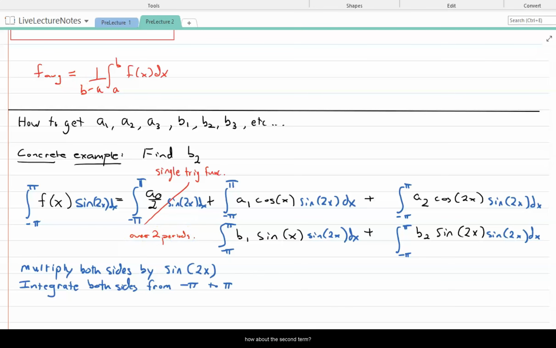How about the second term here? The integral of cosine x sine 2x. That's 0 because, remember, whenever I have an integral of a cosine and a sine, it's going to be 0 by orthogonality.